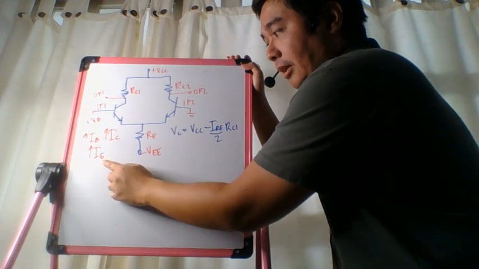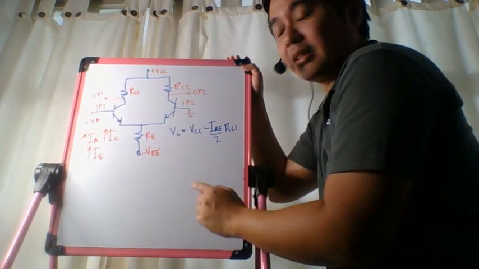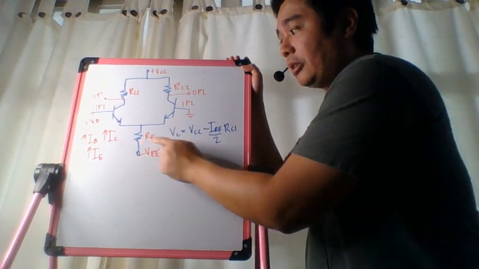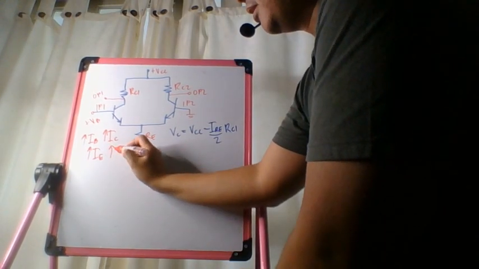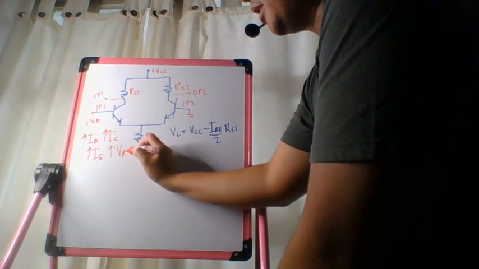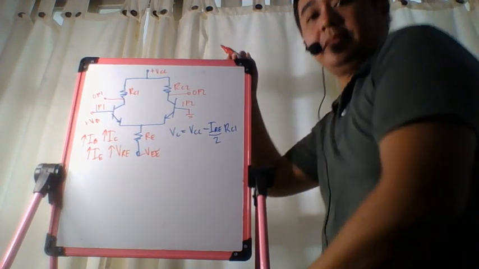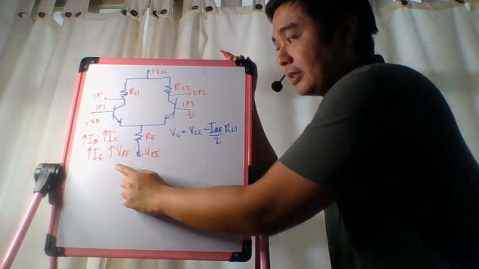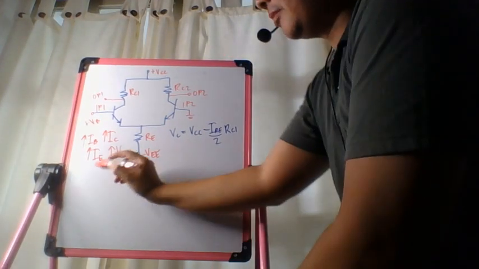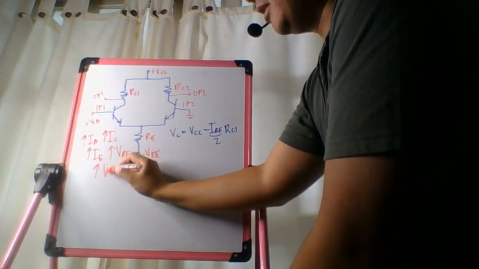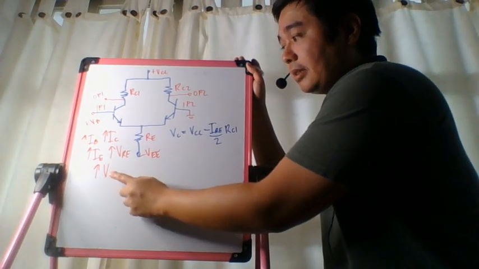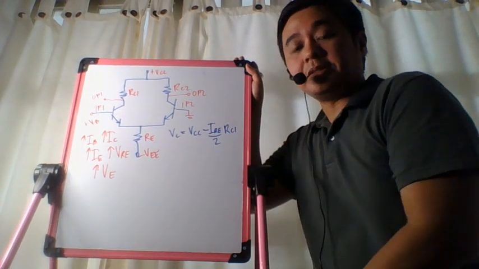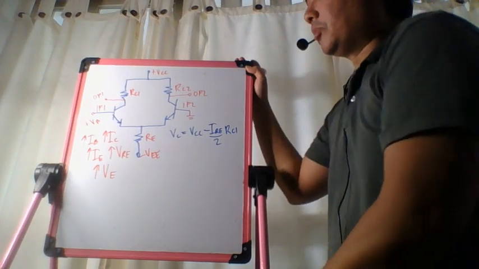Since the emitter current has increased, ibig sabihin, tataas yung voltahe ng R sub E. So, tataas yung VRE natin. Okay. Since tataas yung VRE natin, tataas yung ating VE. So take note of this kasi this will be useful pag diniscuss natin yung nasa right side naman.